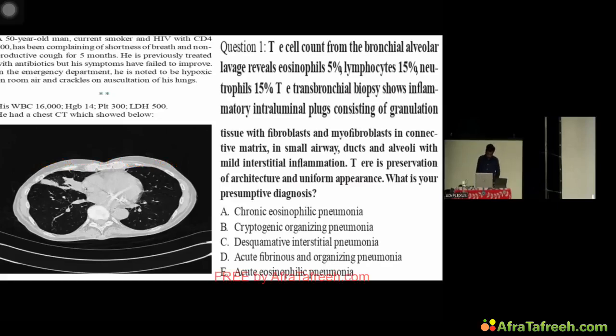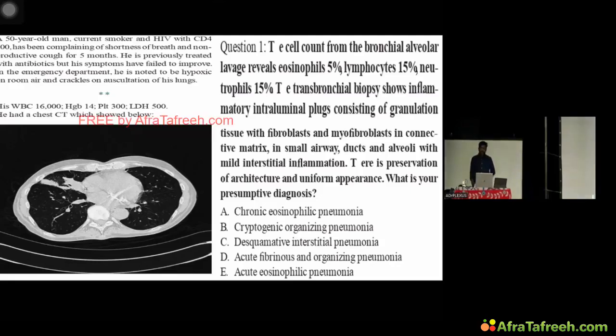The cell count from bronchoalveolar lavage shows eosinophils 5%, lymphocytes 15%, neutrophils 15%. The transbronchial biopsy shows inflammatory intraluminal plugs consisting of granulation tissue with fibroblasts and myofibroblasts in connective tissue matrix in small airways, ducts, and alveoli with preservation of architecture and uniform appearance. What is your presumptive diagnosis?